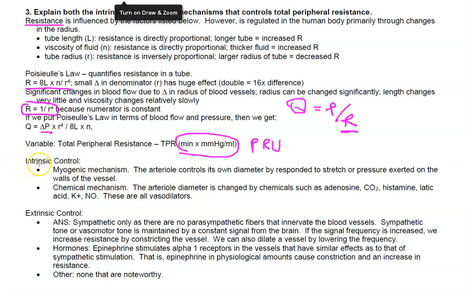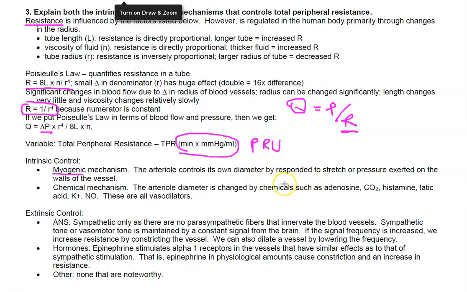So when we look at the intrinsic control of TPR, there are two mechanisms we have to worry about. The first is called the myogenic mechanism. Myo refers to muscle, right? Genic means come from. So the myogenic mechanism comes from muscle itself, and it's when an arteriole can control its own diameter, and it responds to stretch and pressure exerted on the walls of the vessel.